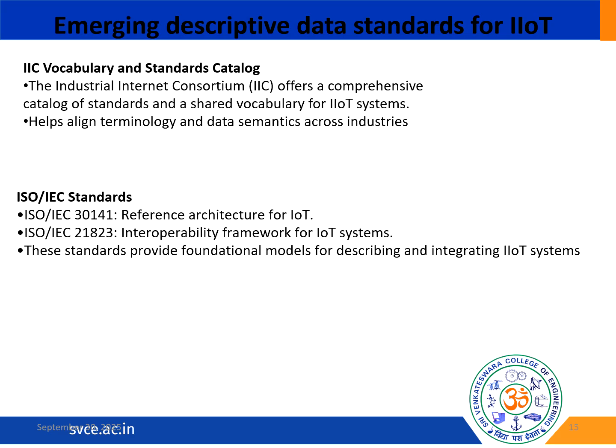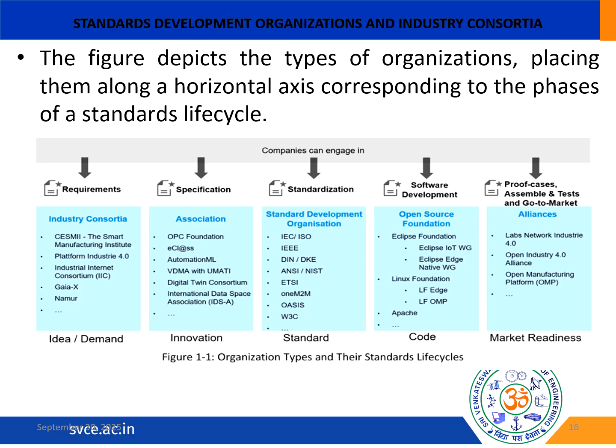First we have ISO IEC 30141, which can be used for architectures for IoT. Next we have IEC 21823, which can be used as an interoperability framework for IoT systems. These standards provide foundational models for describing and integrating IIoT systems.